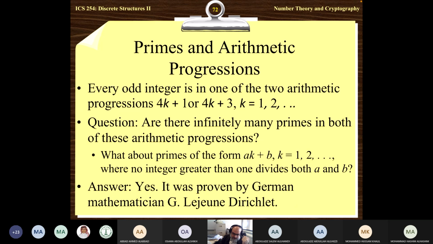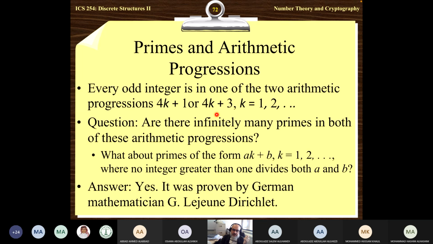And the answer is yes. It was proven by a German mathematician, Dirichlet, though I don't know how to pronounce it, to tell you the truth. He proved it for this general form. So in particular, there are infinitely many primes of this form, and infinitely many primes of this form.